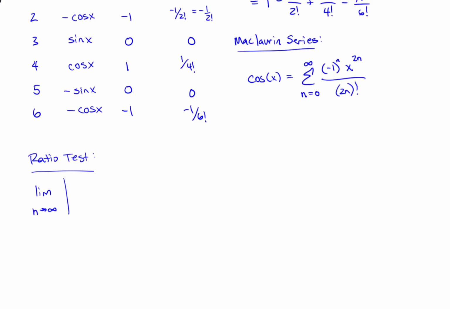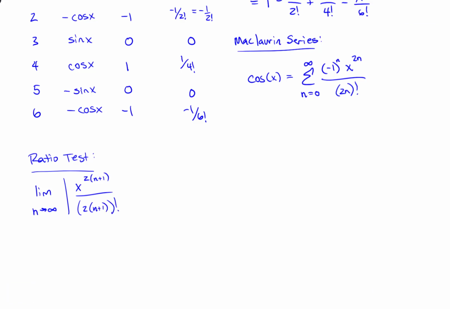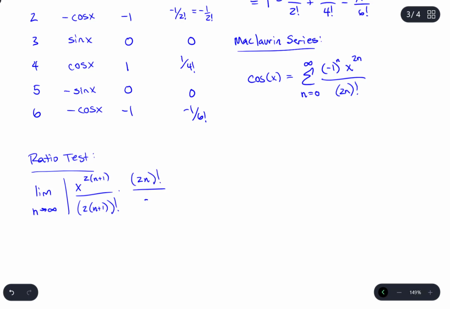So the n plus 1th term would be x to the 2 times n plus 1 all over 2 times n plus 1 factorial. And then we would divide by the nth term, but as usual, it's easier to multiply by the inverse of the nth term.